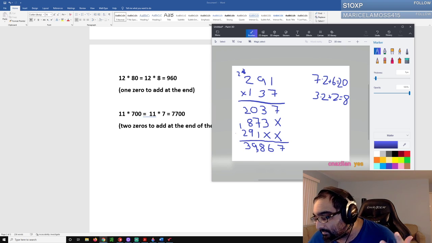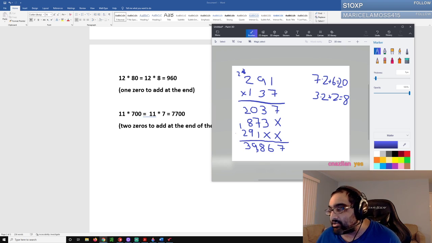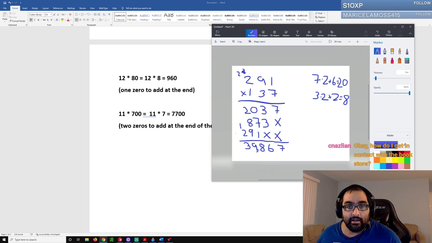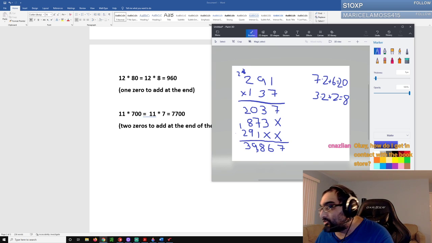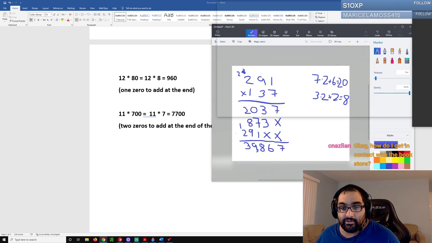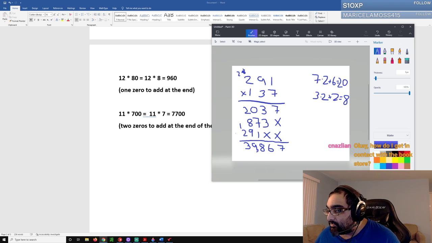So if you don't have the access code packet yet for MyMathLab, you need to contact the bookstore first. Anything with financial aid should always go through the bookstore because they have all your materials, and I mean all the materials, not just this class, but any other classes that you're taking. You do need to contact the bookstore.